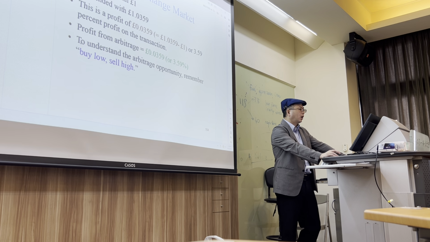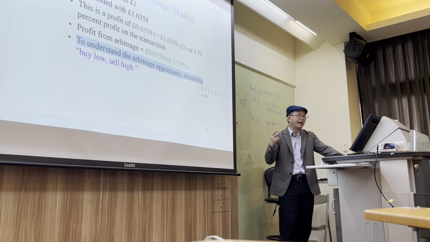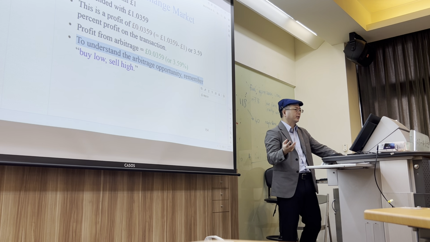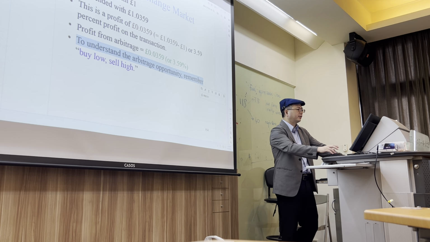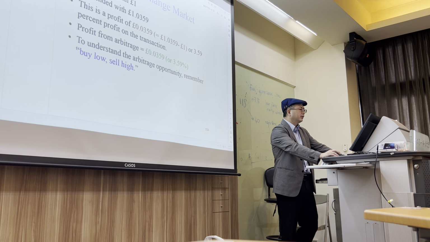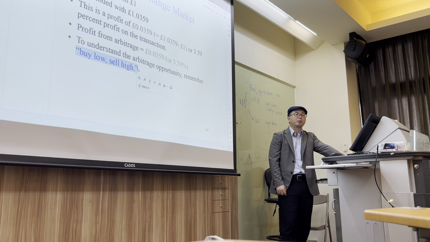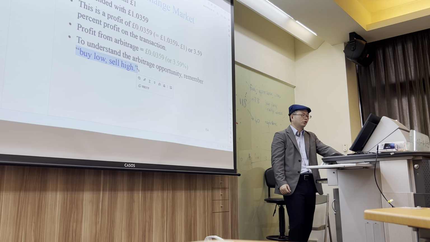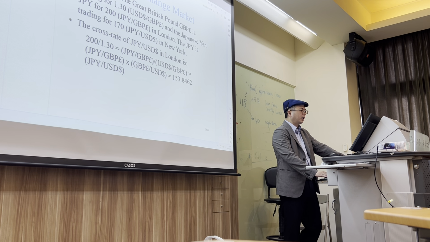Okay, so this is how you can pocket the profit by using arbitrage strategies. Remember, it's always buy low and sell high, either in the capital markets or in the foreign exchange markets.